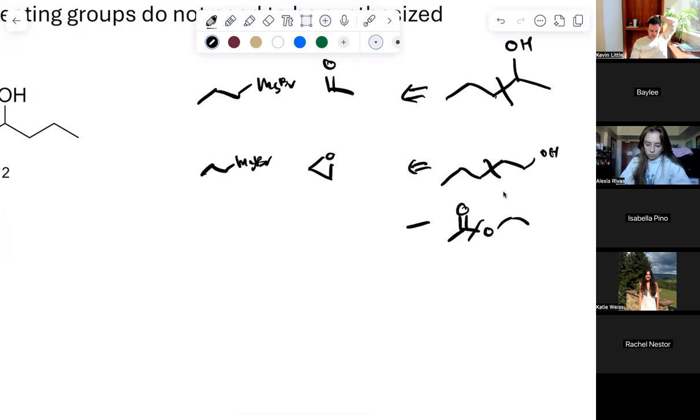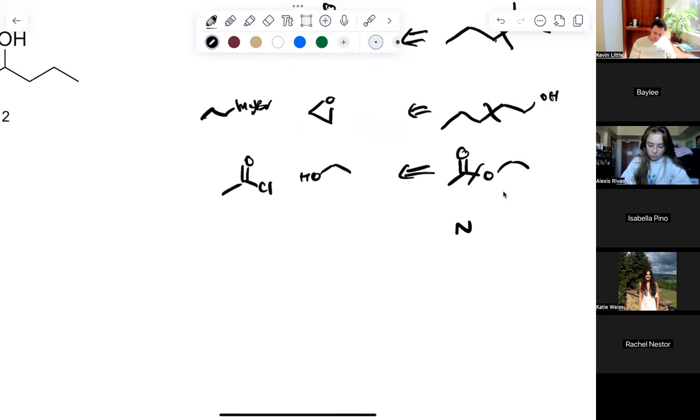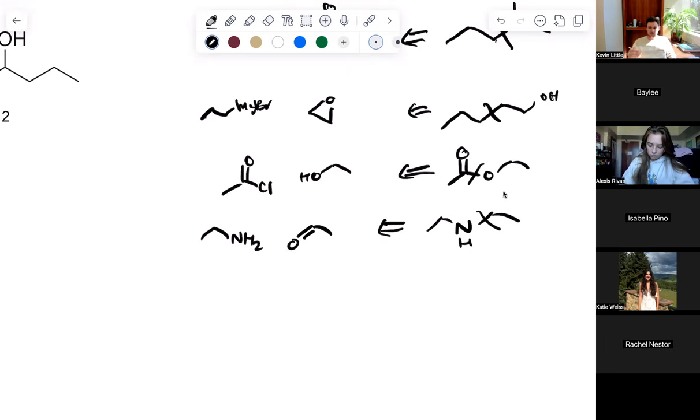If I see something like this, an ester, I'm thinking an acyl chloride and an alcohol. If I have a nitrogen carbon bond, probably fair to assume that I have a carbonyl with a nitrogen.